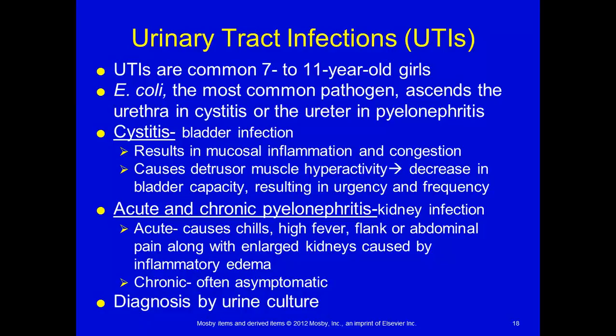Now, also interestingly, you see people with UTIs for different reasons if you're talking about the pediatric population versus the adult population. Bacteria is certainly the big one for both pediatric and adult.